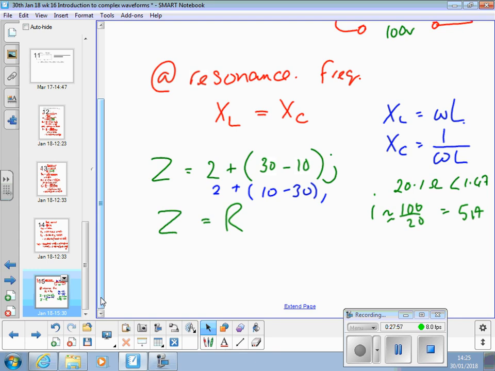Yeah, the same with the opposite angle. Okay, so on either side of resonance, the overall impedance goes down, and therefore the current is much lower.